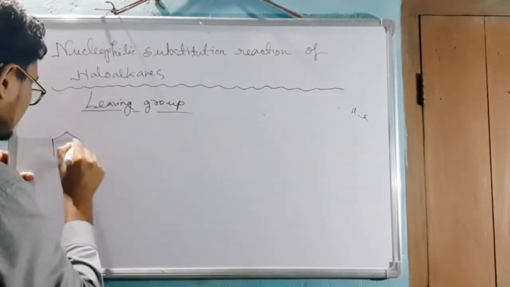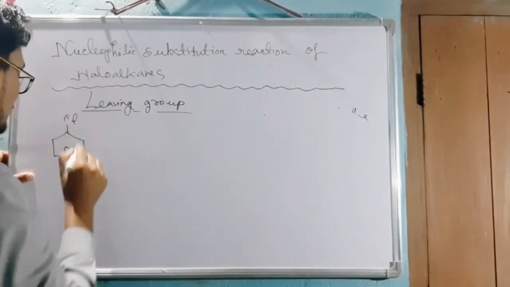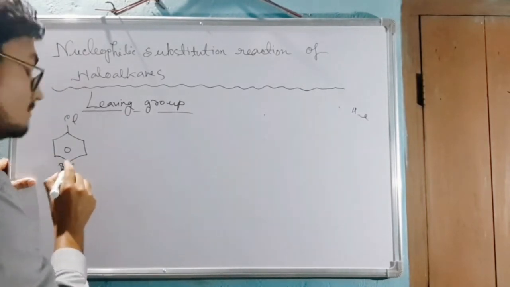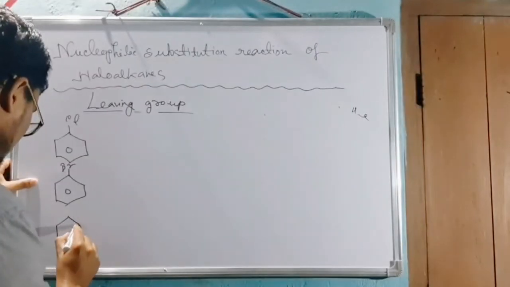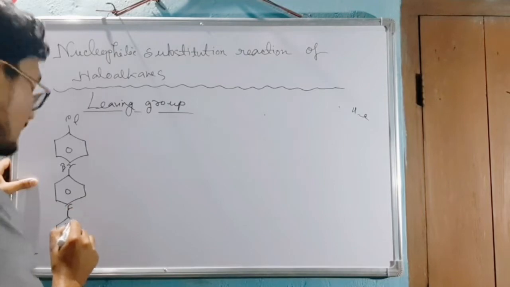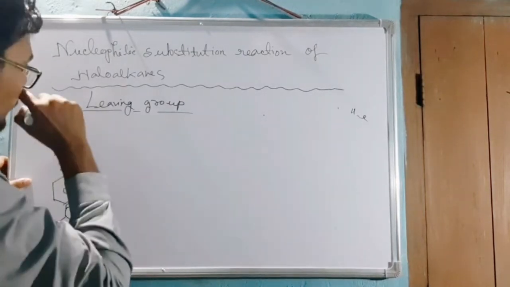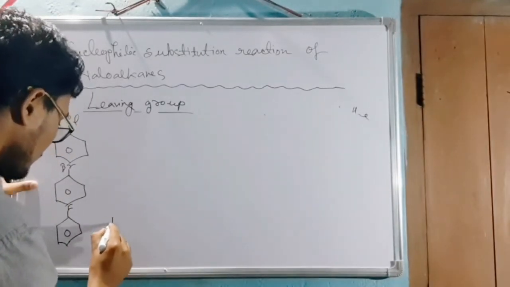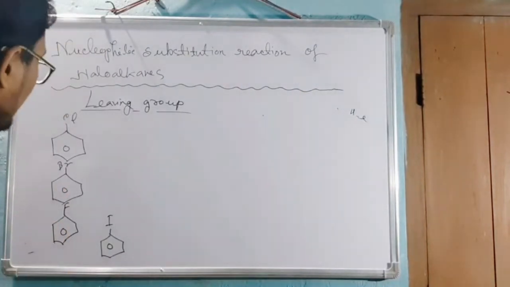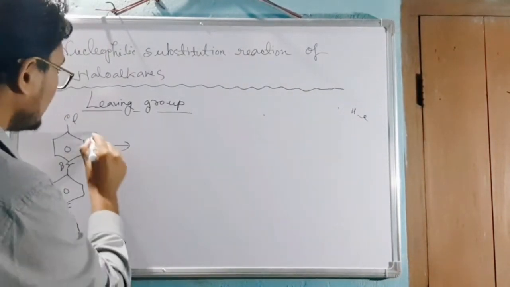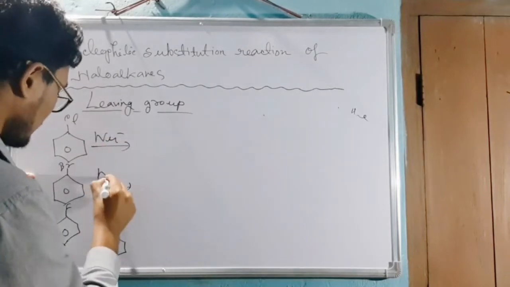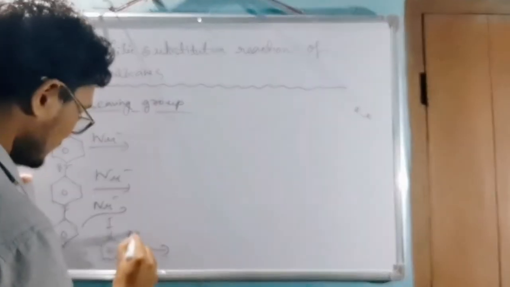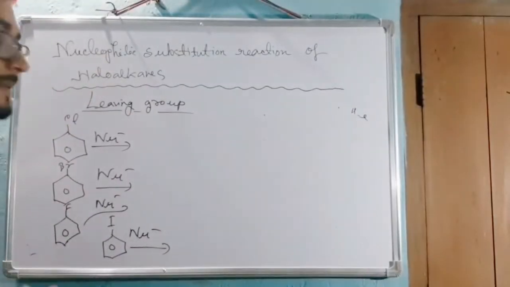Now, chlorobenzene, bromobenzene, F and I. We have given nucleophiles in all of them. So what will happen?